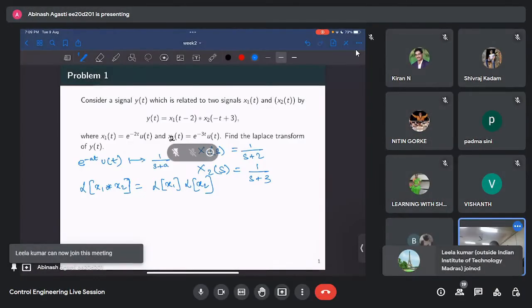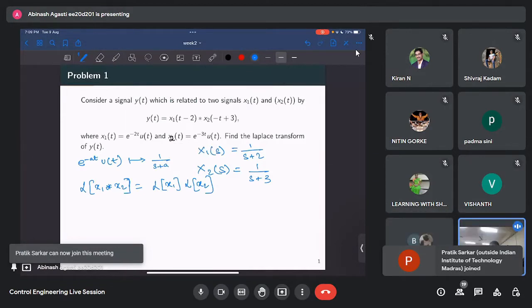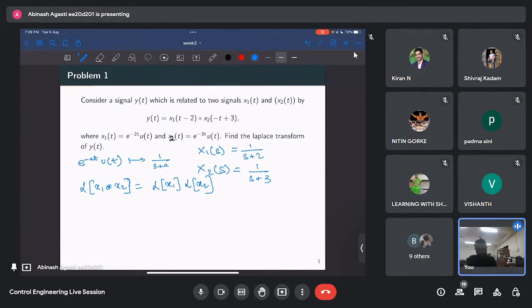And if we can find the Laplace transforms of those two signals, then the Laplace transform of y is nothing but the multiplication of the corresponding Laplace transforms. So now x1 of t we know, but what is the Laplace transform of x1 of t minus 2?